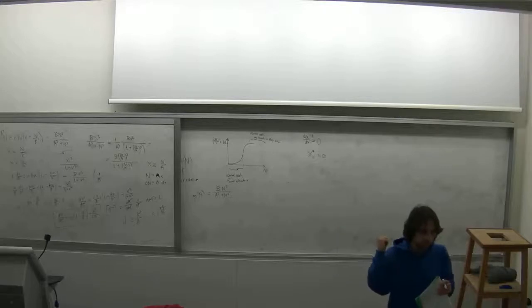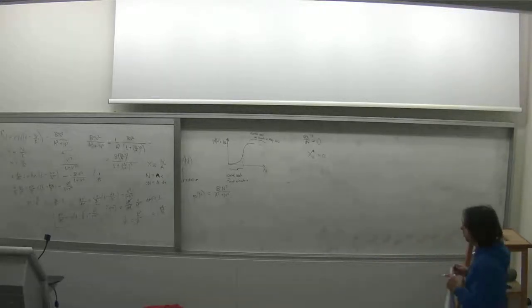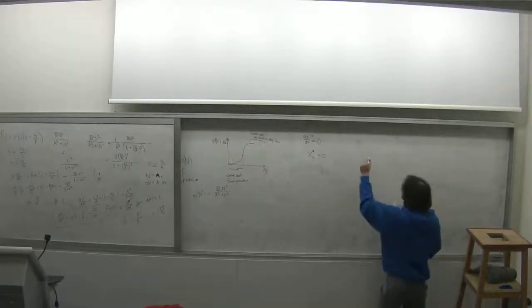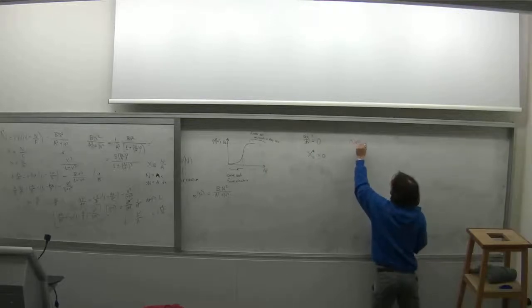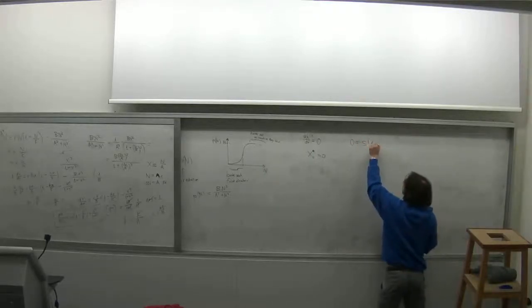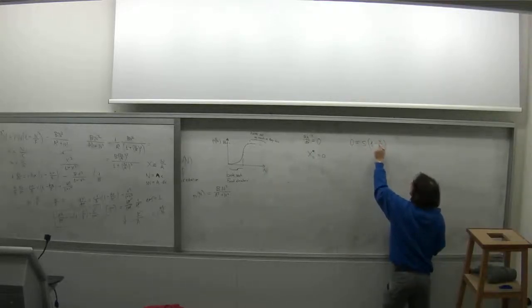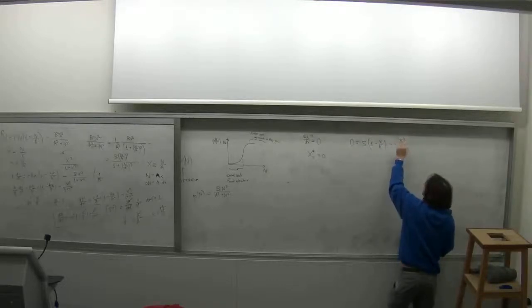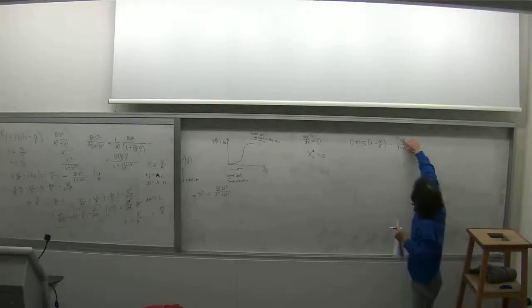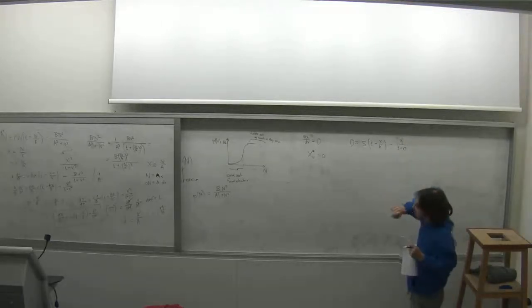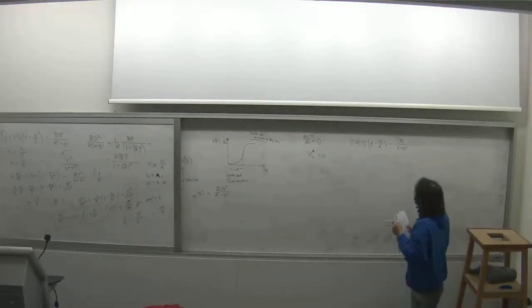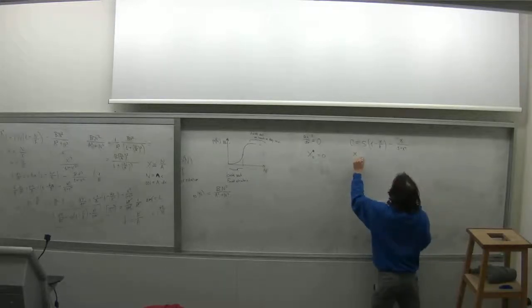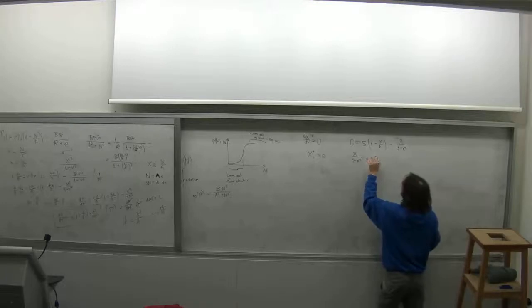And once we eliminate that, we can divide by x and have 0 equals s times 1 minus x over k minus x squared over 1 plus x squared. So I divided by x, and now I would move this to the other side. x over 1 plus x squared equals s times 1 minus x over k.